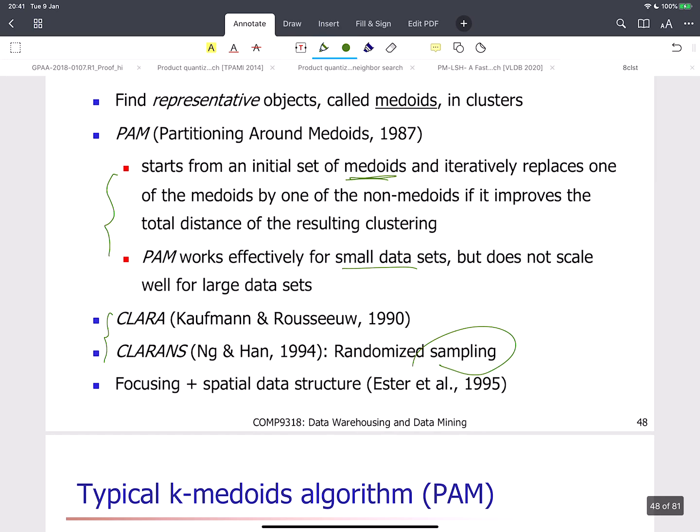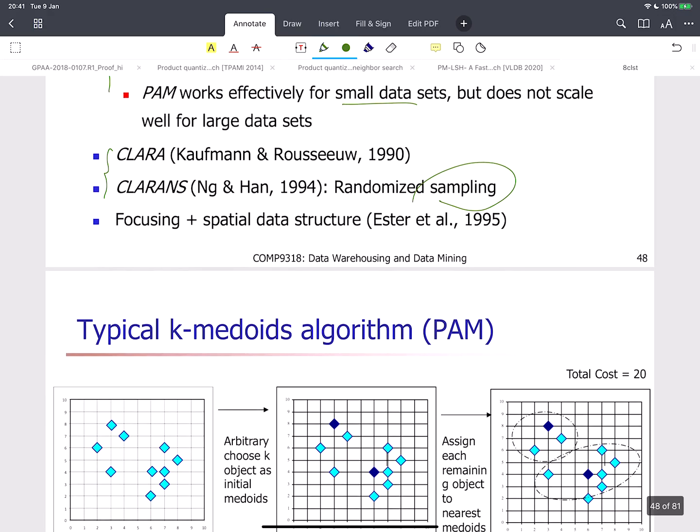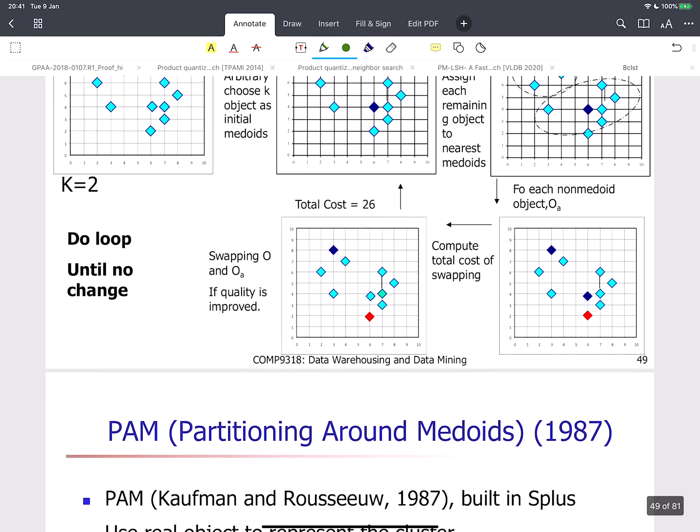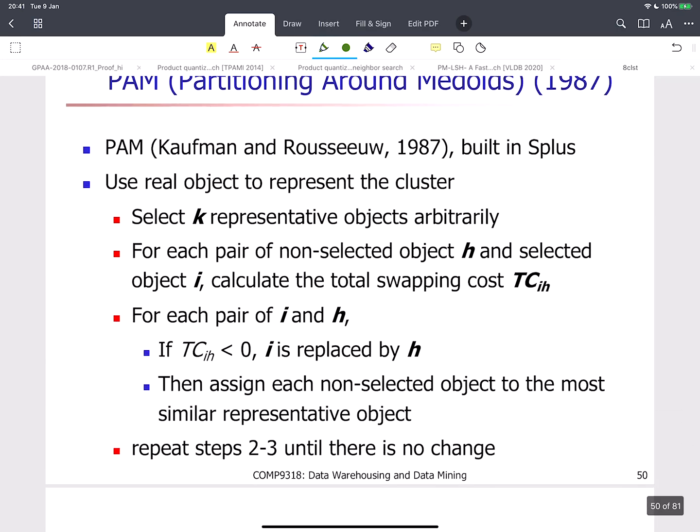For example, if you sample 1 million data points down to 1,000, then you can comfortably run PAM and get the final, let's say k equal to 10 medoids, and then you can do further refinement using the 1 million points. There are lots of improvements, but they are still going to be slow, or they will require some kind of hand tuning of the parameters.